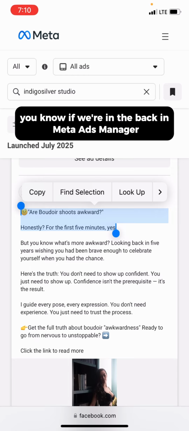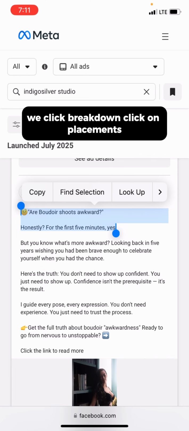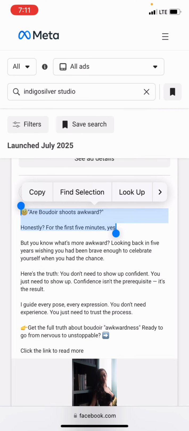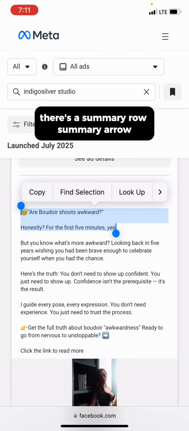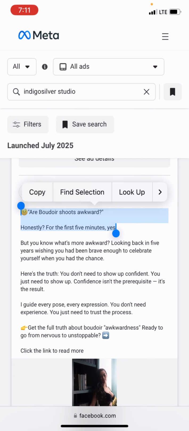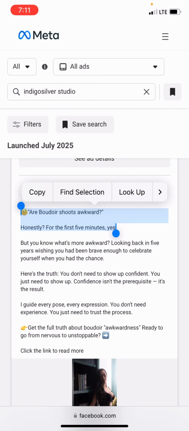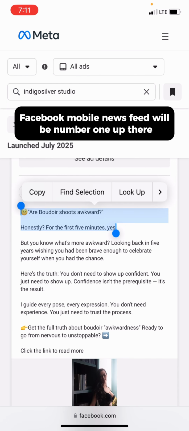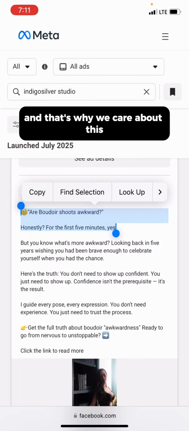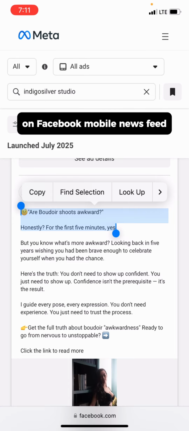So if we're in the backend Meta Ads Manager, we go on the top right of the columns, click breakdown, click on placements, then we go in the bottom left of the columns, there's this summary row, summary arrow. So click that to bring up that menu and sort impressions highest to lowest, and Facebook mobile newsfeed will be number 1 up there. So this is literally where most of the impressions, so most of the testing will be happening, and that's why we care about this first 2 3/4 lines on Facebook mobile newsfeed, because it's where most of our money will be going.